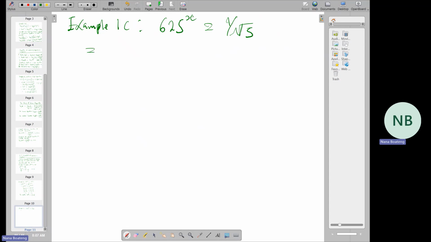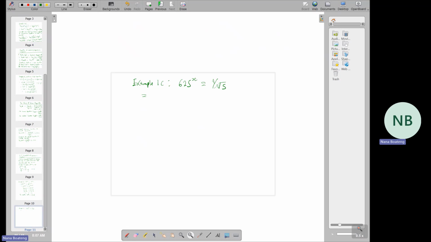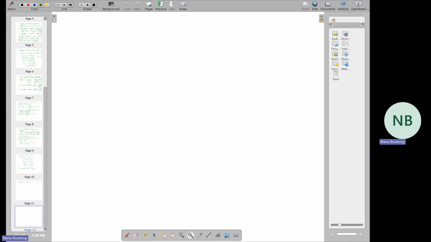So 625 is 5 to the power 4. All right, let me go to another page.